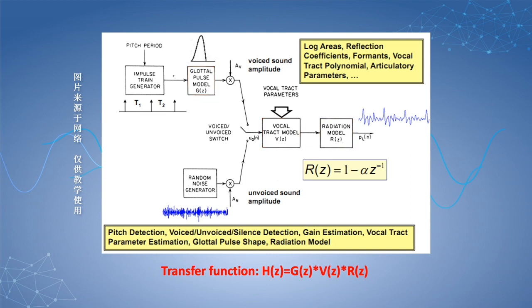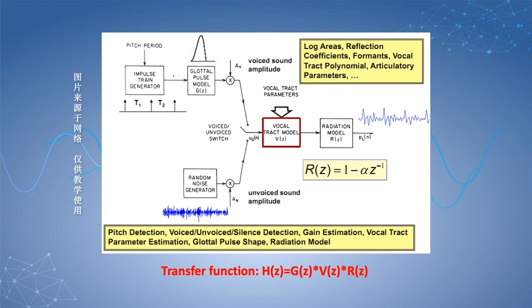In order to synthesize speech, the voiced-unvoiced switch will switch to the source for the sound at that particular time. For the voiced generation, the impulse train is generated with pitch periods and then filtered with an exponential model of the glottis G(z). The vocal tract model V(z) is usually a linear predictive model.